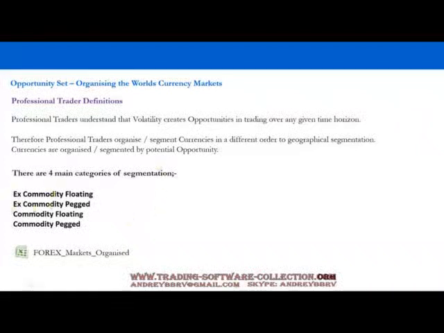The ex-commodity grouping here are currencies that are not dependent on 1 or 2 commodities in their exports. And these split up into floating and pegged regimes. Then we have the commodity floating and pegged, which are countries that are filtered by their dependency on 1 or 2 commodities and then by their regime.